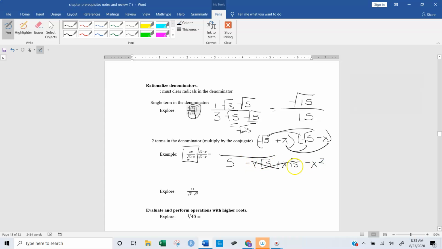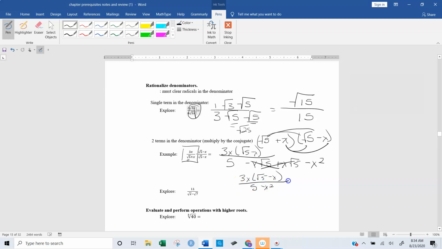So I've effectively cleared the square roots out of the denominator. The numerator, since nothing is going to combine here, we just flip that. That's 3x times the square root of 5 minus x. So your final answer is 3x times the square root of 5 minus x all over 5 minus x squared.